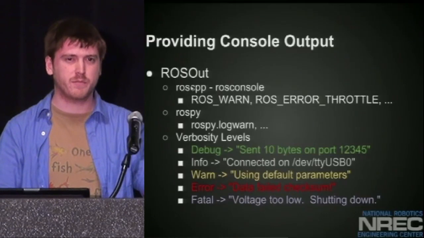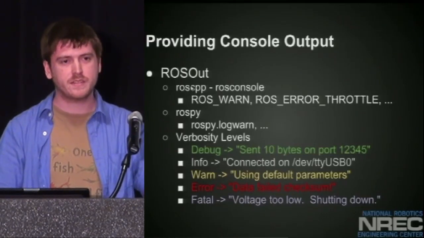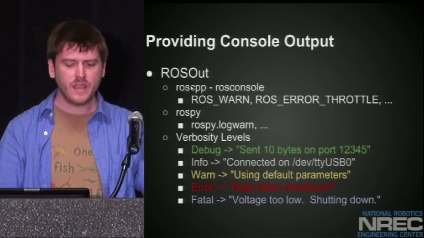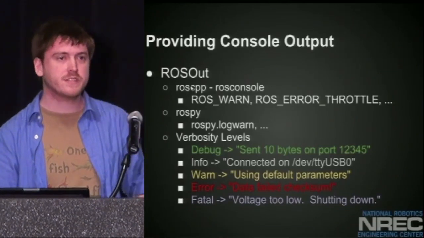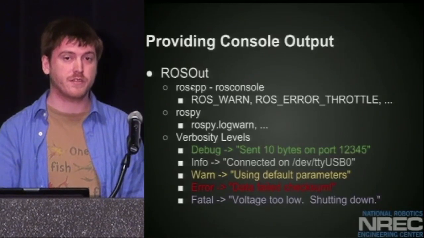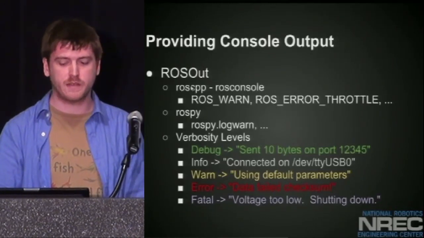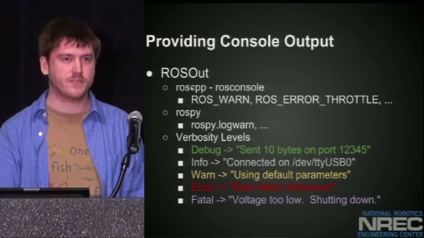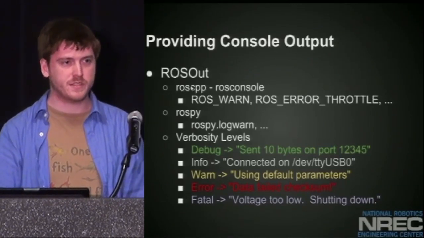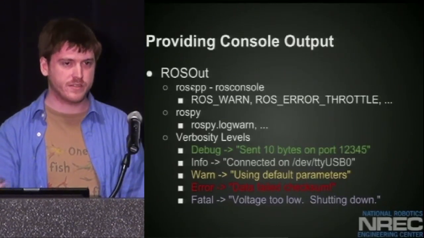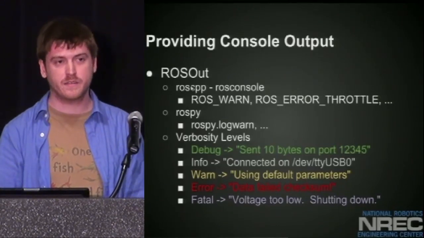It means the user should be aware of this condition, but they don't necessarily have to take action. Error is something more serious, which in large numbers or even a single one could indicate that there is something wrong with how the system's working. For instance, if your serial port started failing checksums and your user saw this on the console, they might go over and realize that their serial port has come loose or disconnected.